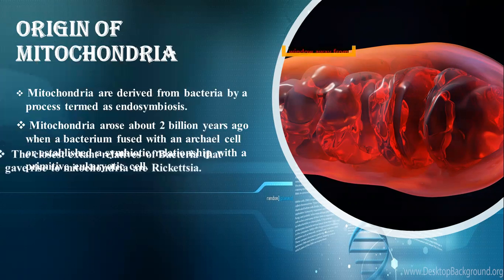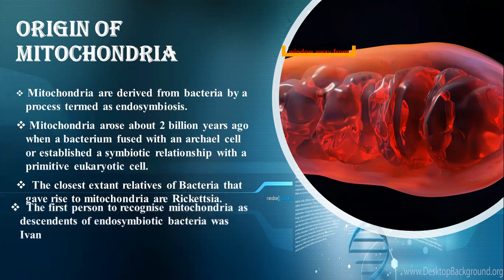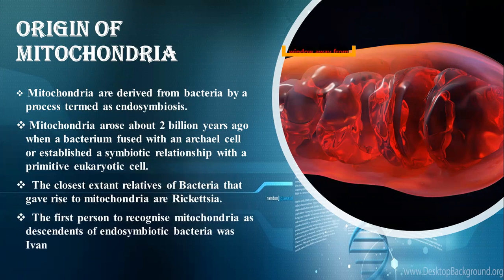Origin of mitochondria. Mitochondria are derived from bacteria by a process termed endosymbiosis. Mitochondria arose about 2 billion years ago when a bacterium fused with an archaeal cell or established a symbiotic relationship with a primitive eukaryotic cell.